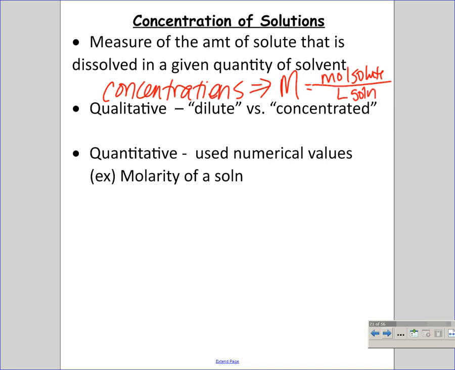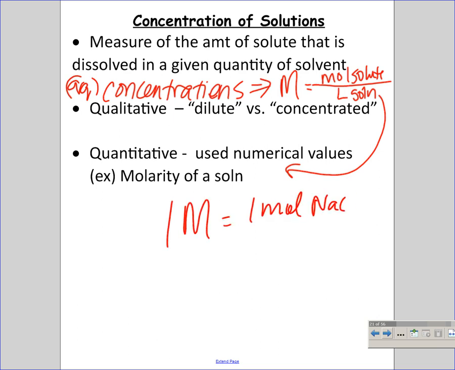And I better put aqueous, because these are aqueous concentrations we're talking about. These are qualitative terms. I'm just going to say a lot of stuff, not so much stuff. But when we talk about numbers, we're using molarity. That's why we always have a number in front of that M. So 1 molar solution equals 1 mole of sodium chloride over 1 liter of solution.